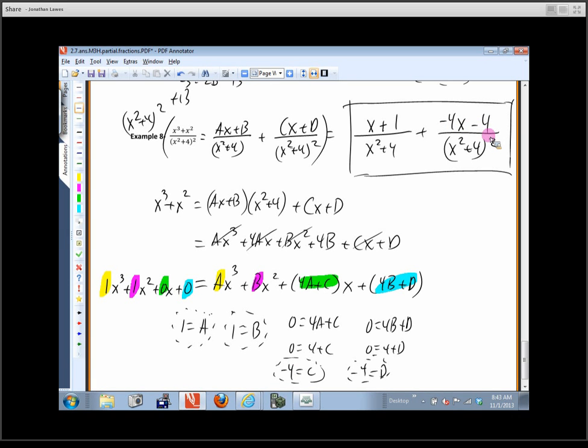Okay, and again, the only time you'd really ever want to do this is in a calculus class. Okay? In second semester calculus, if you were to try and do this problem right here, it's actually something that we call an integral. That right there is a calculus problem.